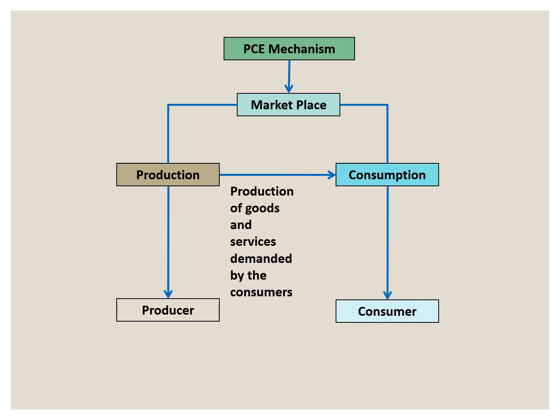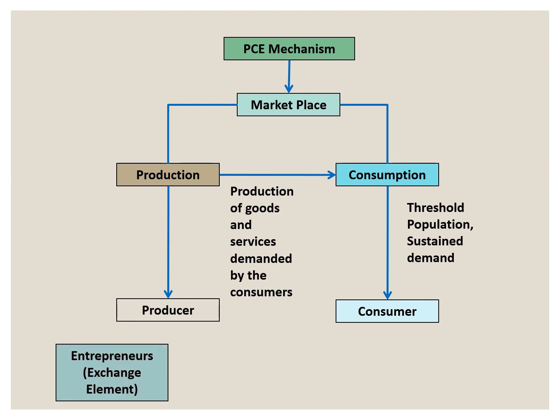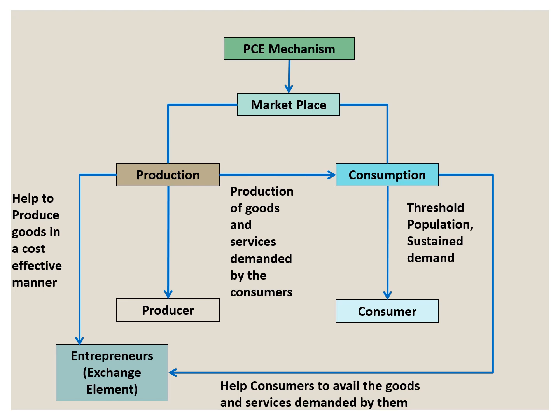Consumers are related to consumption, and consumption depends on threshold population and sustained demand. And the entrepreneur helps to produce goods in a cost-effective manner, and helps consumers avail the goods and services demanded by them. So it makes a closed loop, and this is the PCE mechanism. So all the components are closely linked with each other.